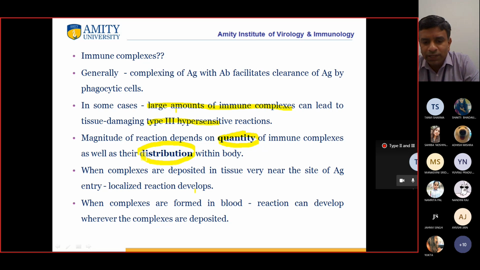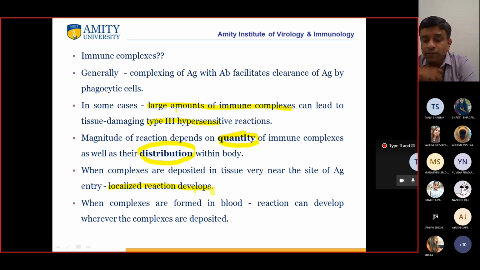okay? So when these complexes are deposited in tissues very near the site of antigen entry, then a localized reaction develops, okay? Now just imagine, on the skin your antigen has entered and this immune complex is formed. So if this reaction occurs there, then a localized reaction is developed, a reaction around the point of entry, okay?